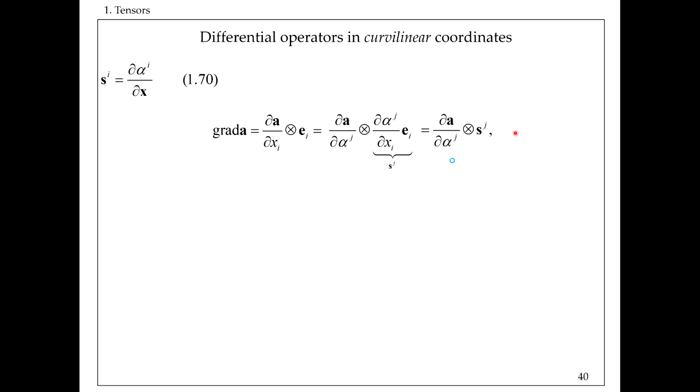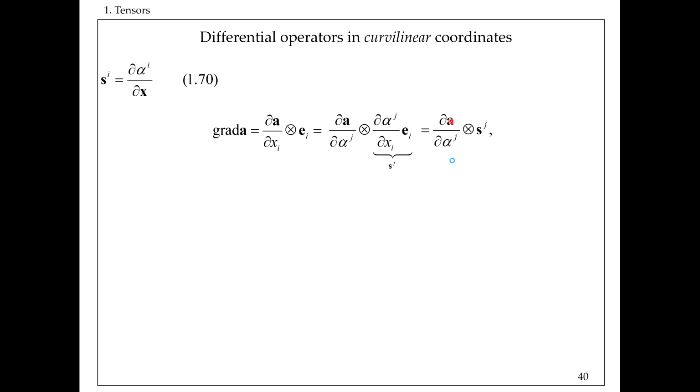Now you can compare to the original definition of gradient in our Cartesian coordinate system, and you see that the structure actually didn't change. We still take this basis vector, this contravariant basis vector, and its component, the derivative of a with respect to alpha.